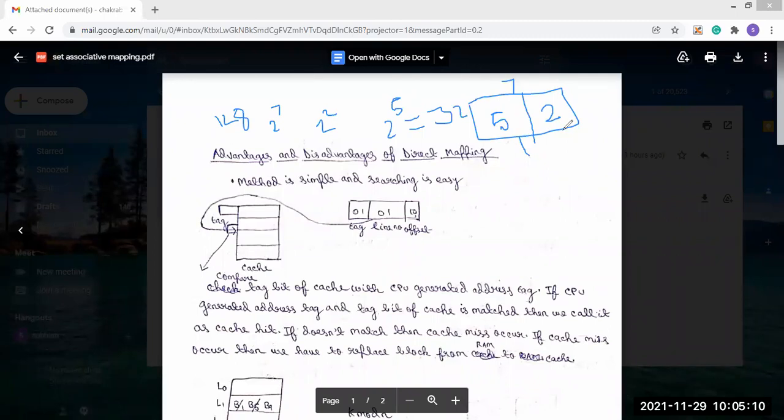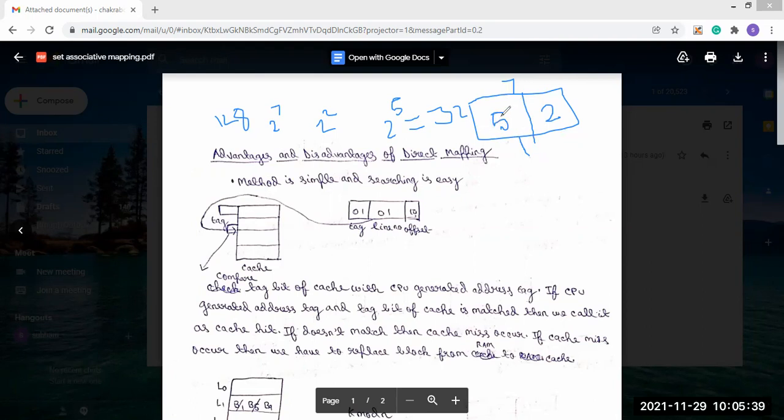In a particular moment, a block should be present in the line. The block has 4 words, so the line also has 4 words at a particular moment. That's why the block offset will be the same, but the block number will be divided into 2 parts.